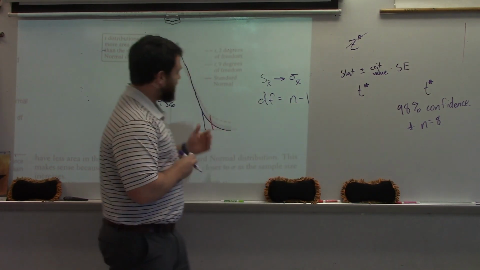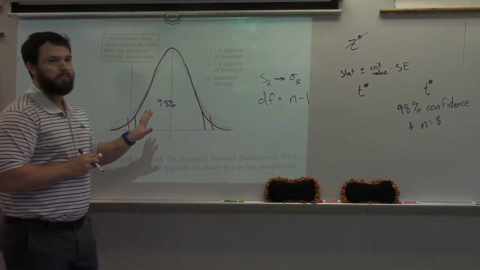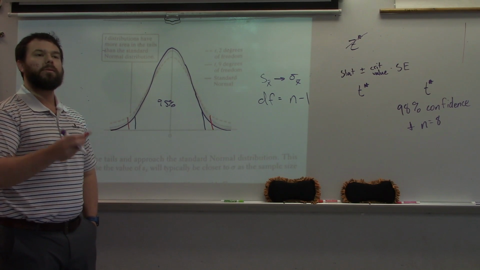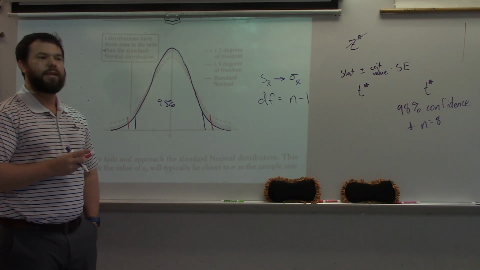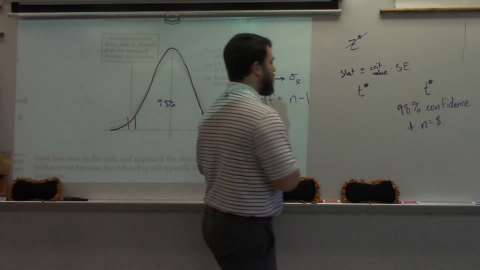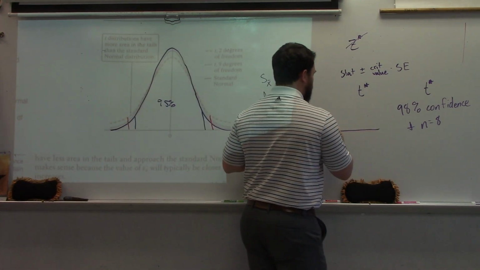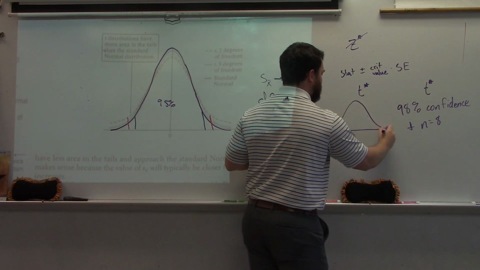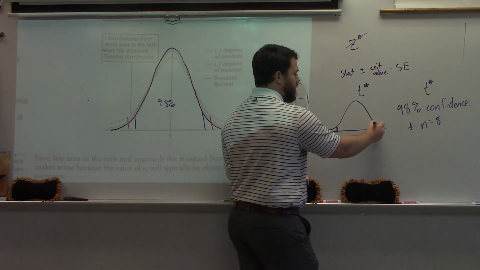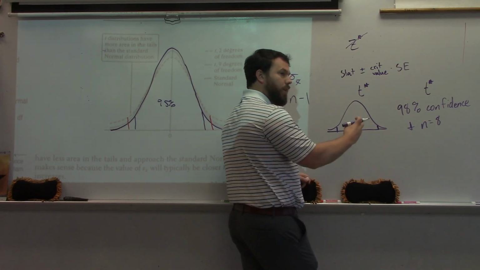It's close. But remember, the normal curve is z-scores, huh? Oh yeah. There's an inverse T. So first things first though, I'm going to highly recommend that you draw a curve, right? To help you visualize this. I want what percent of data do I want in between my critical values?